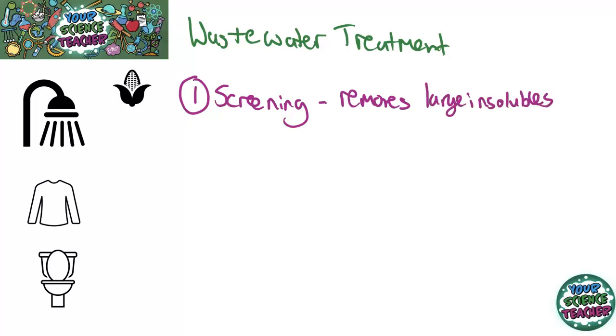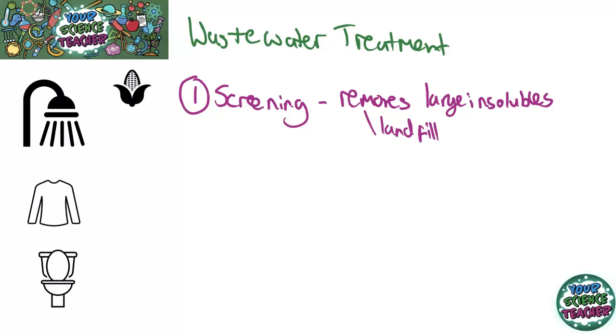Now, all of this waste often gets sent to landfill. So it's things like tissue paper, cotton buds, all of that stuff. And that's why it's always advised not to put anything too large into your toilet when you flush or down the drain. It's because it can actually clog up the screening and it can damage the equipment there.